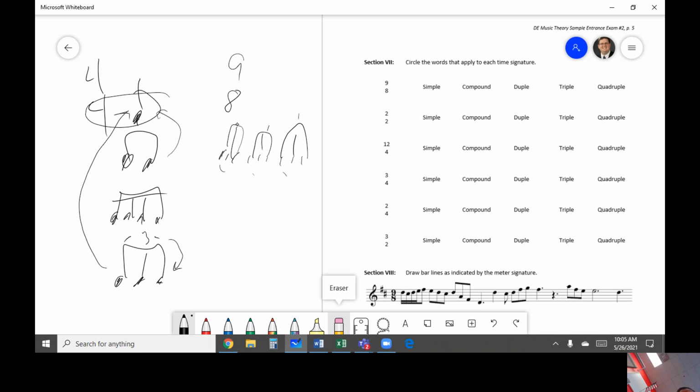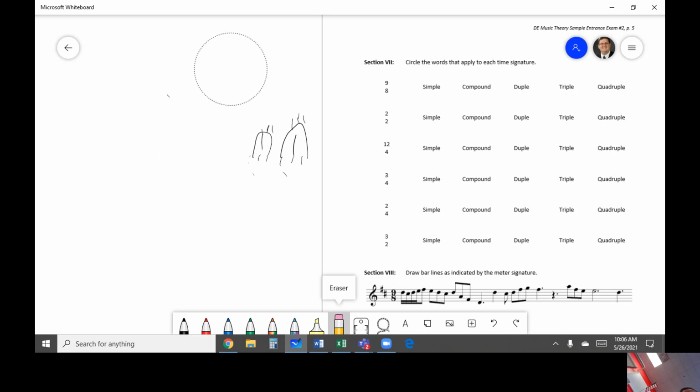Even though the bottom number is supposed to tell us what type of note gets the beat, you also understand that really it's the dotted quarter note that gets the beat in 9-8, right? 1, 2, 3, in which case that dotted quarter note is divided into 3 eighth notes. Isn't that kind of strange? And so anything with an 8 is going to be compound.